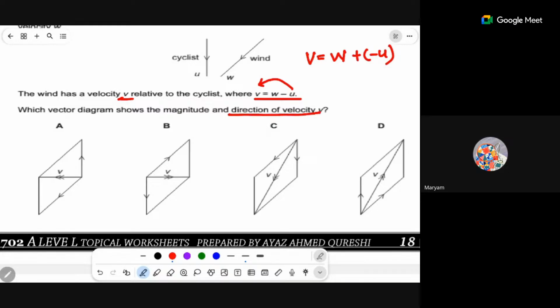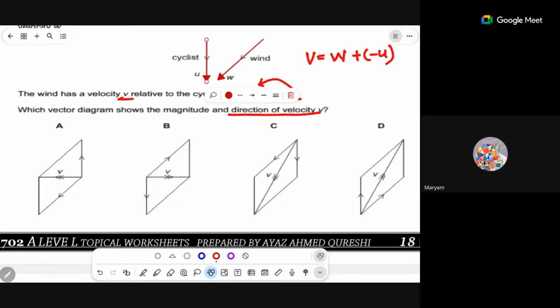As I told you, for v, w should be in the same direction as it is. W is over here, so this is basically the w. And what about u? This was u.